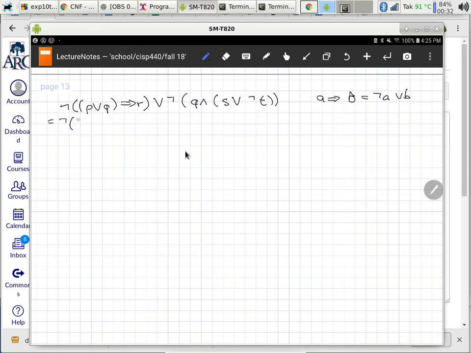There's still a big negation on the outside, then we have the negation of P or Q or R. And on the other side, we can apply De Morgan's law. The negation of A and B is the same thing as not A, the whole thing, or not B, the whole thing. So by using that, we can now say that this is not Q, or the negation of S and not T.